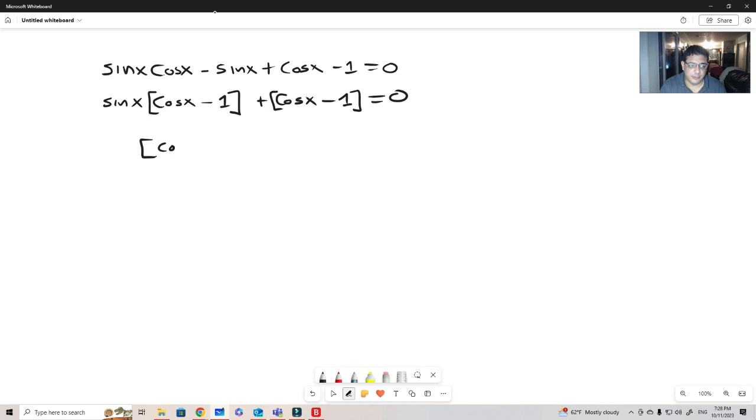And I can do cosine of x minus 1, common factor of sine of x, because this sine of x is left, plus 1. Since this whole cosine of x minus 1 is going to be factored out, and the only thing left is going to be 1. Again, if you want to double check that this is fine, then you multiply back cosine of x minus 1 by sine of x and cosine of x minus 1 by 1.